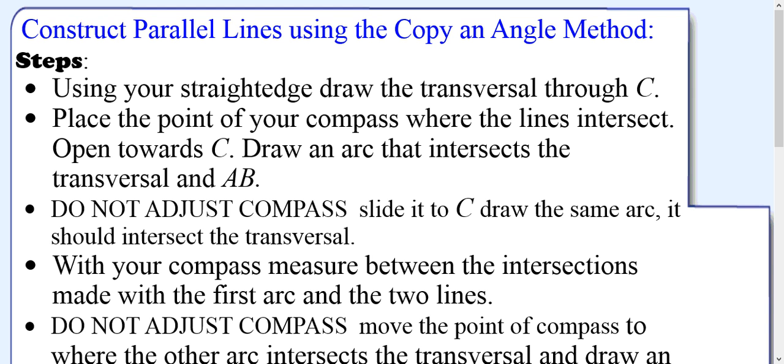Now we're going to construct parallel lines using the copy and angle method. There's more than one way to do it, but this is the one we're going to learn first because we learned how to copy an angle.